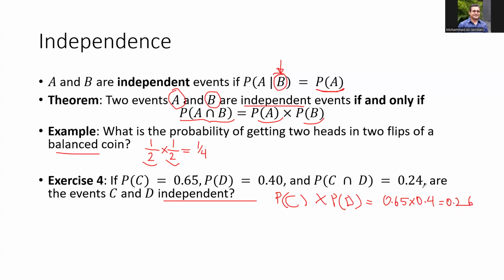This is different from the probability of C intersection with D. That means C and D are not independent. C and D are dependent.